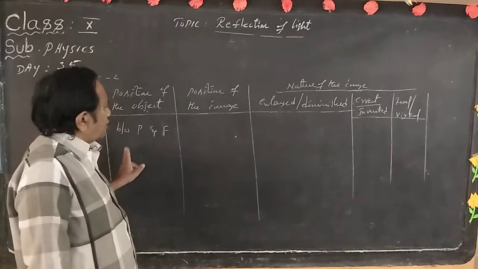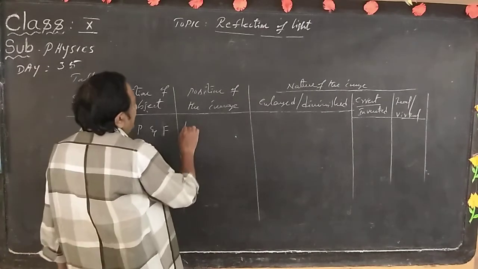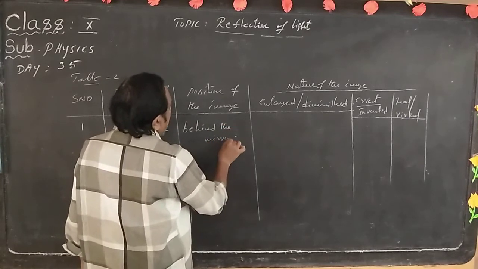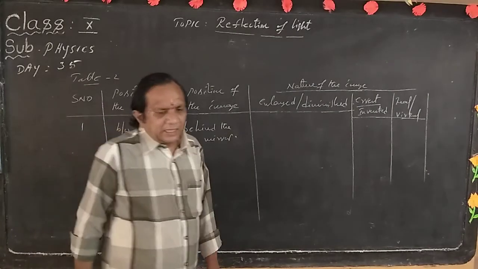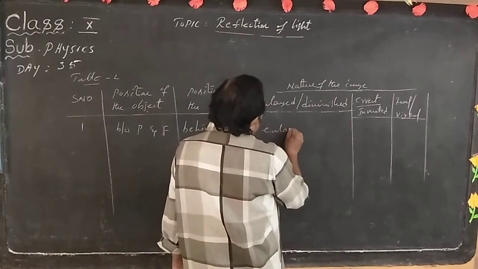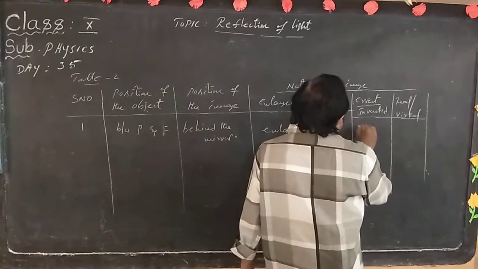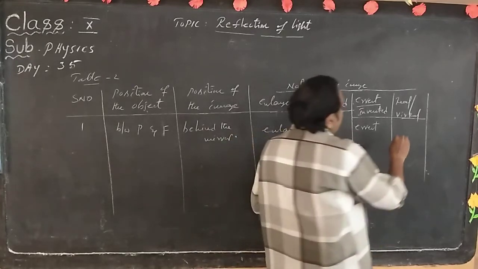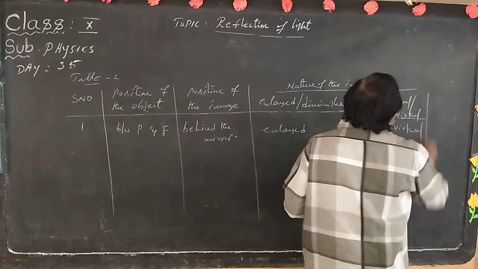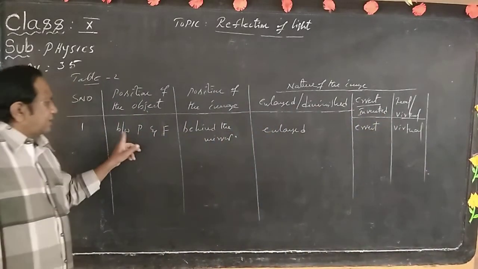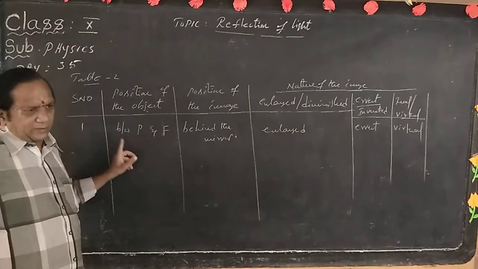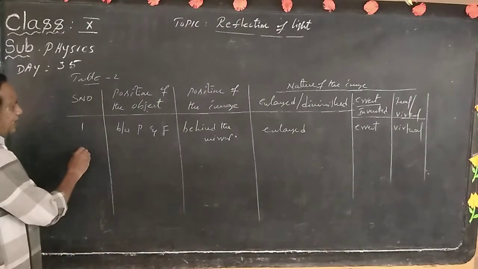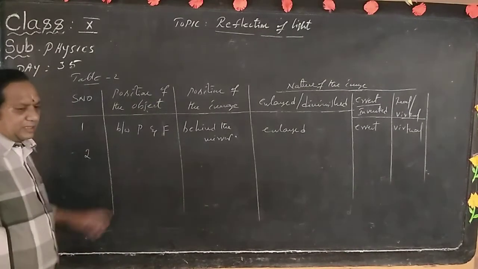So the object is placed between pole and focus. The image is formed behind the mirror, and an enlarged image is formed, and it is erect. This is the only erect case. In all the remaining cases, the image is inverted and real. So only in this condition, where the object is placed between pole and focus, the image is formed behind the mirror, larger than the object, erect and virtual. This is the first condition.